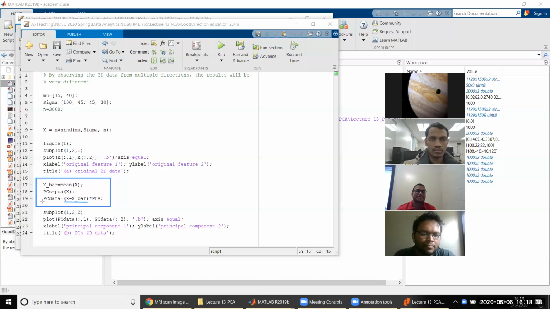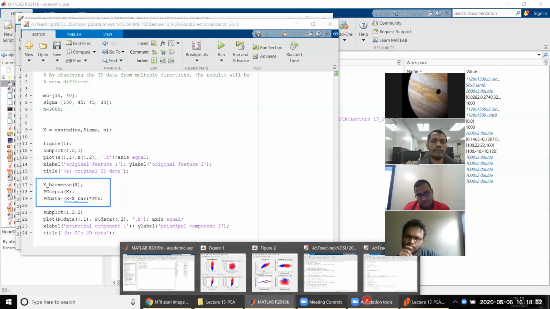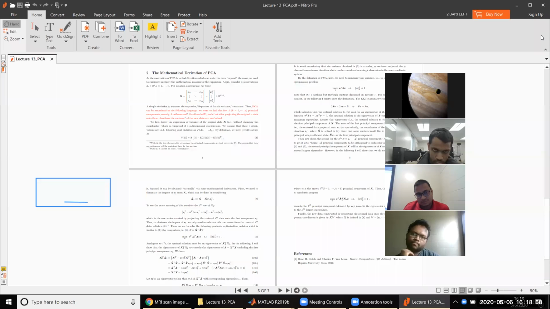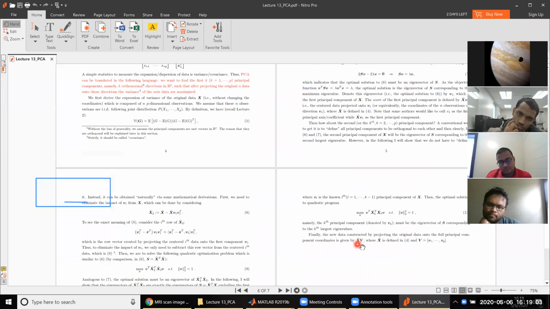So here, what I do is, see here, PC data, which means the data in the coordinate system of the principal components. It equals x minus x bar times PCs, where x minus x bar is your x tilde here.